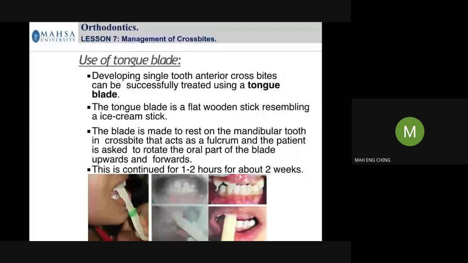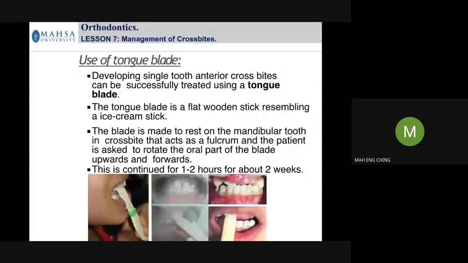The blade is made to rest on the mandibular tooth in crossbite, and that acts as a fulcrum. Then the patient is asked to rotate the oral part of the blade upward and forward. So use the lower as a fulcrum, then you push the upper teeth forward. This continues for about 1 to 2 hours a day for about 2 weeks. It's not easy.